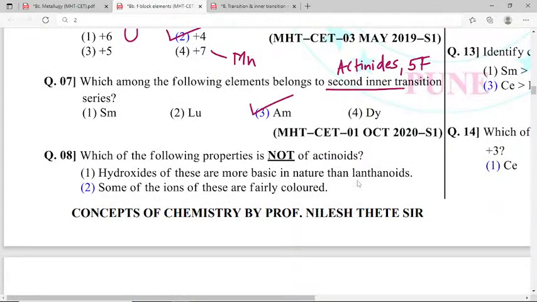Which of the following is not a property of actinoids? Hydroxides of these are more basic in nature than lanthanoids, correct. Some ions of these are fairly colored? No, these are not fairly colored. So this is not of actinoids.